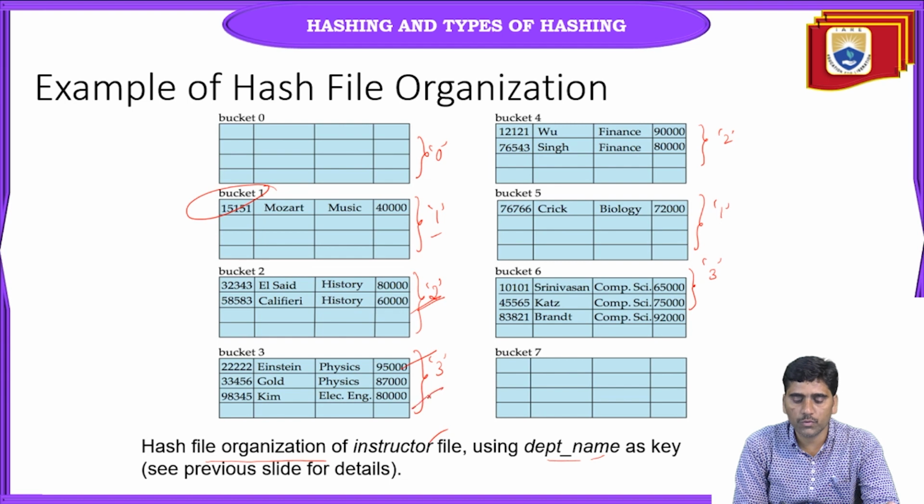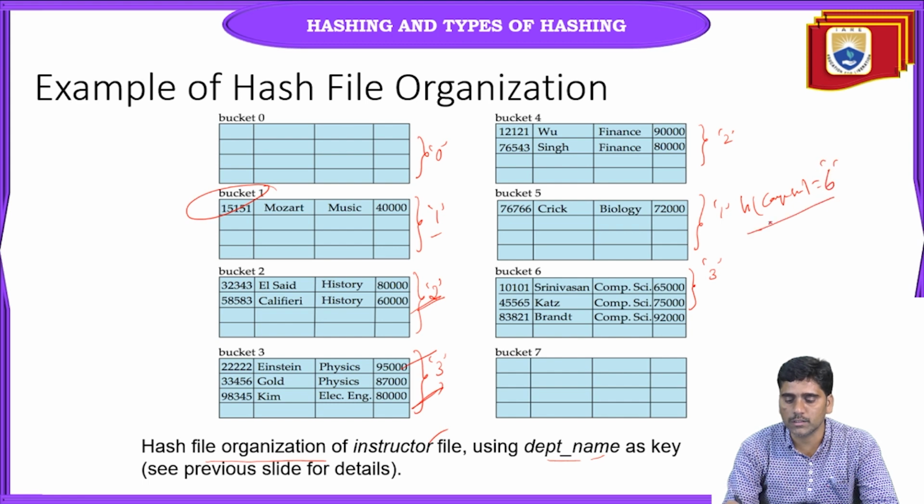So now, by using this hash function with the help of search keys, it finds the records very easily, and the access time is also less. Suppose you want to find the record h of computer science, then it shows bucket 6.